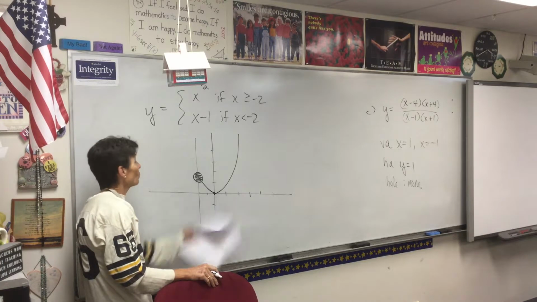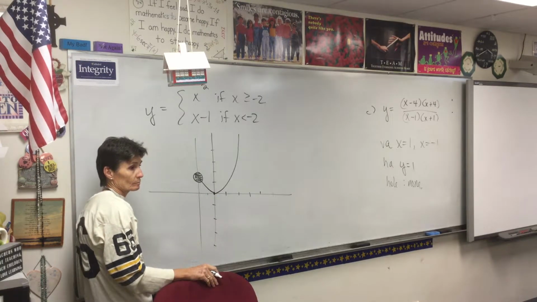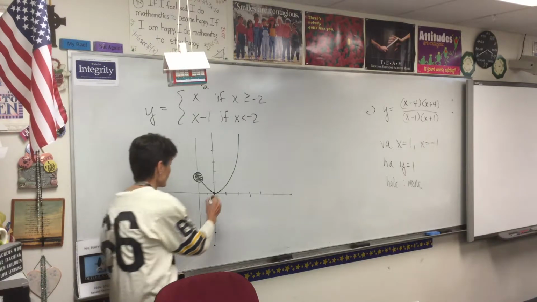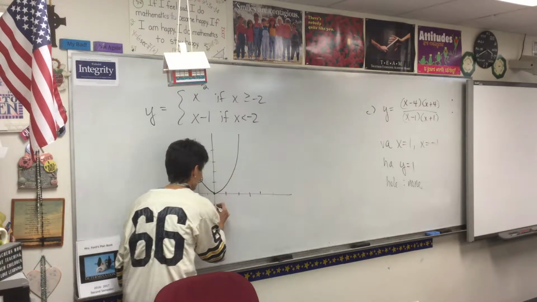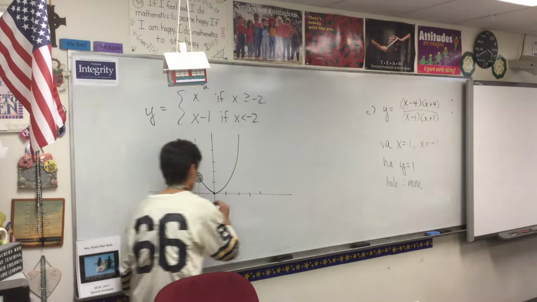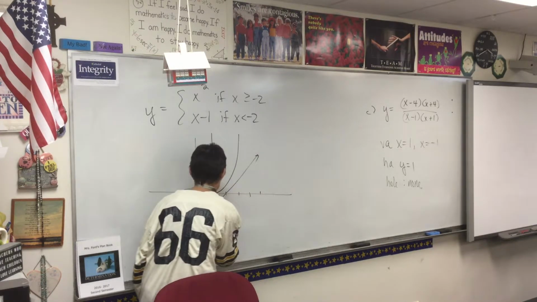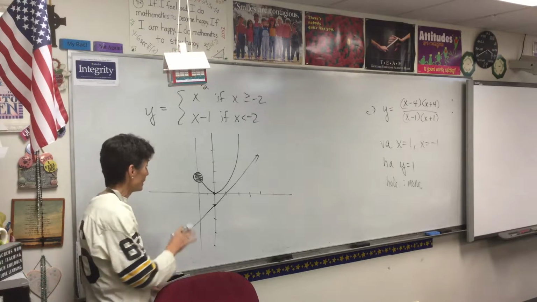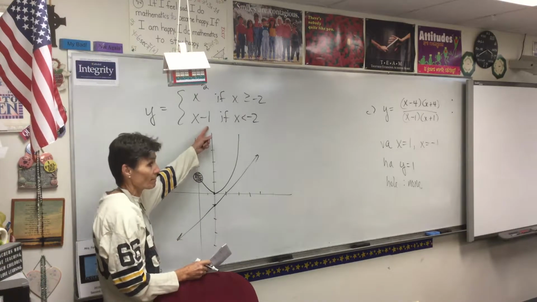Okay, what's that? That's the identity, but dropped down 1. So instead of being that line through the origin, it's now going to be the line through down here. So there it is. There's the line, the identity line dropped down 1.